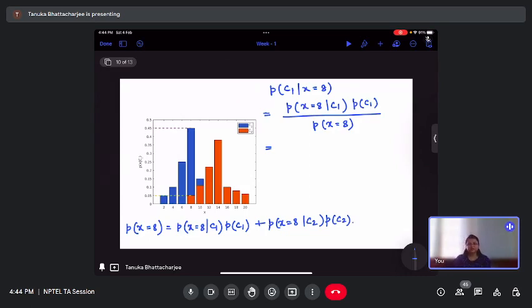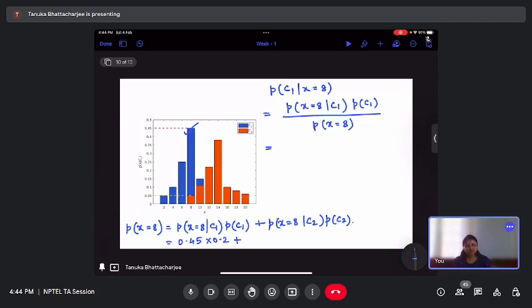You can split this probability like this, and if you put the values, for class C1 the class conditional density is given by this blue histogram. So, the value of probability of x equal to 8 given C1 is this value, 0.45, and you have computed the probability of class C1 as 0.2.